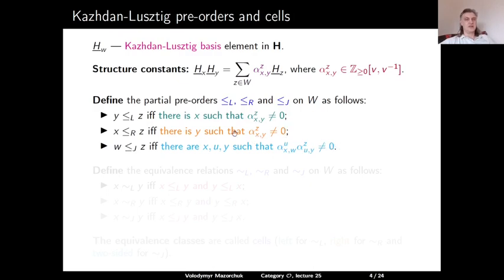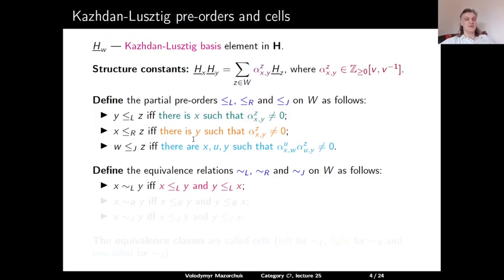So this means that we can multiply h_w underlined on the left with something and then on the right with something to get h_z underlined with a non-zero coefficient. After these preorders, we define the equivalence relations equivalent L, equivalent R, and equivalent J on W as follows.